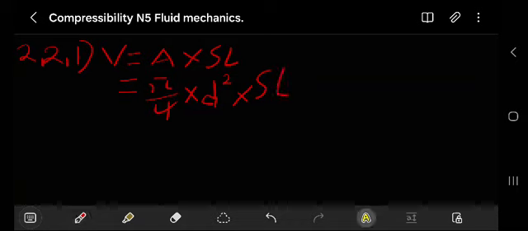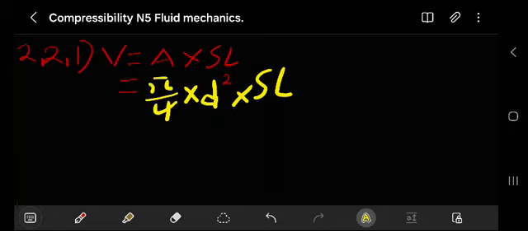This is how we will calculate that. Then let us put in our values. This will be equal to pi over 4. Let's check the diameter.